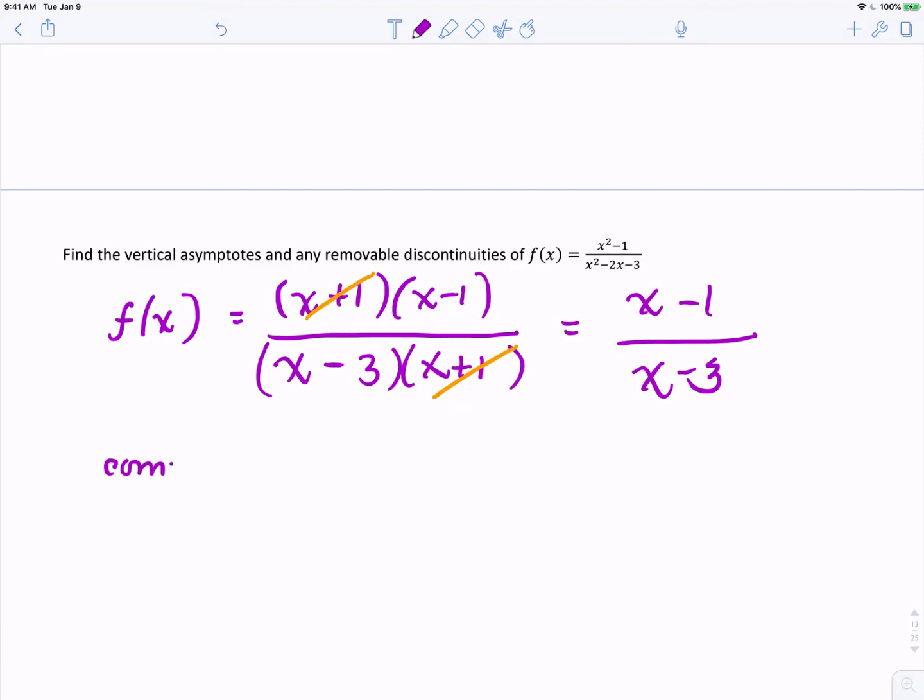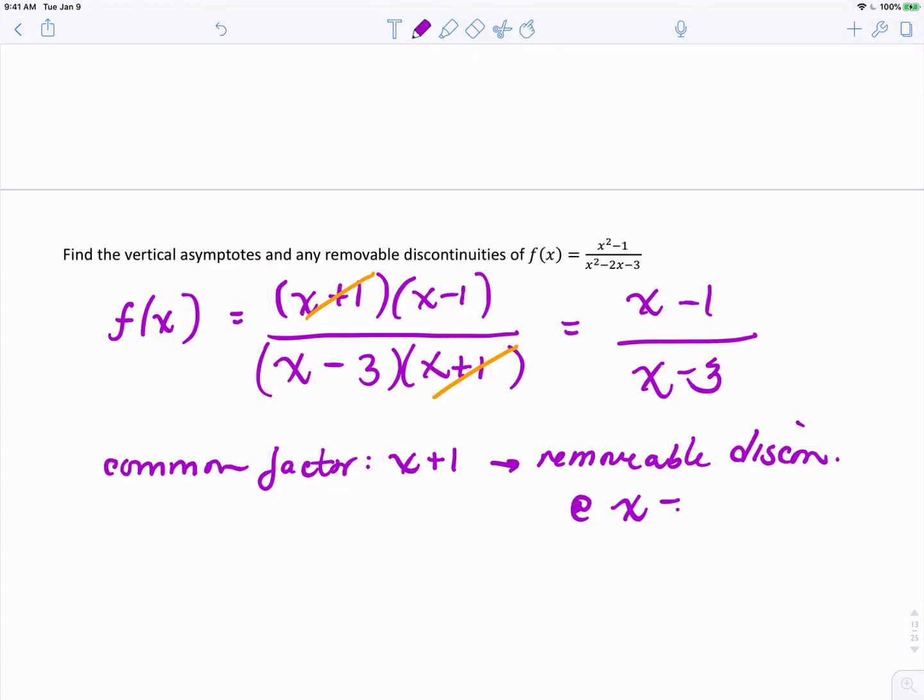So the common factor is x plus 1. And what that tells us is that we have a removable discontinuity. And remember, a removable discontinuity is a fancy way of saying a hole in the graph at x is equal to negative 1.